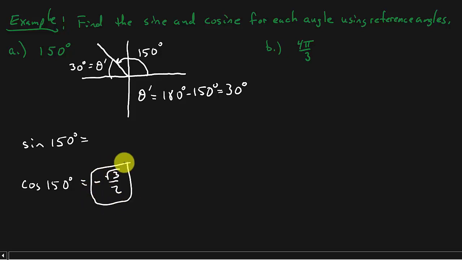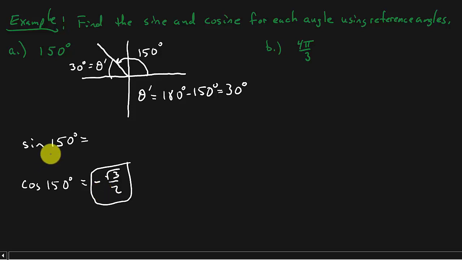There's your answer. So we're using the reference angle to get this value, whether it's 1/2, square root of 3 over 2, whatever that is. Then we say, okay, what quadrant is it in? Is it positive or negative? And that's how you do these.